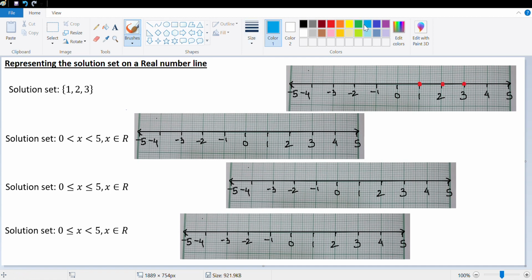Important thing to keep in mind: whatever numbers you're plotting, there should be a pre and there should be a post on your number line, which means your number line should definitely start from 0. It will have 1, 2, 3, and it should have one extra on the right hand side. So there should be one pre, one post, and you have marked 1, 2 and 3.